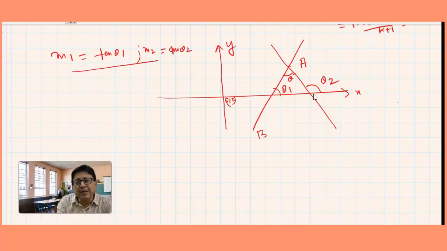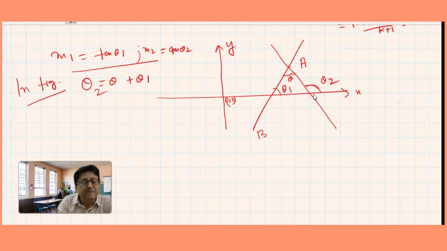It is also true that this exterior angle is the sum of the 2 interior opposite angles. So theta 2 equals theta plus theta 1 in the figure. So theta equals theta 2 minus theta 1. This will help us get the value of this angle.